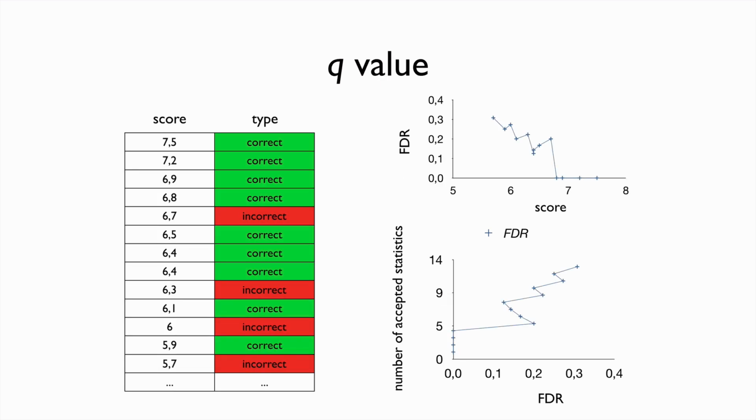If you think about it, in this fictitious example we have a problem with the distribution of the false discovery rate as a function of score. You see that with increased score, you do not see a monotonic decrease of the false discovery rate.